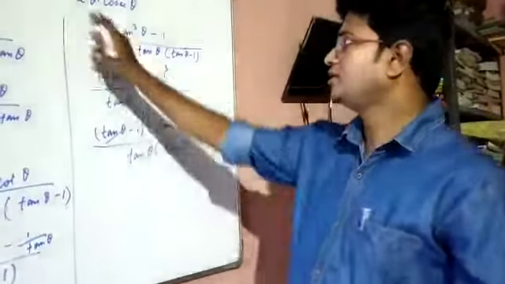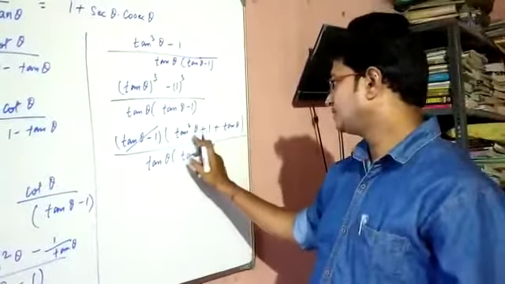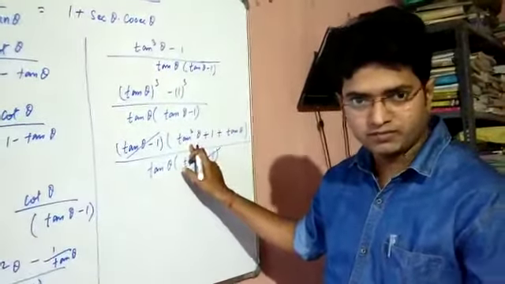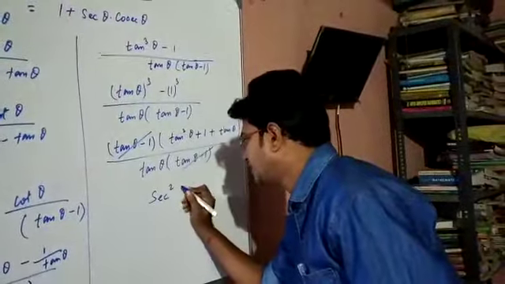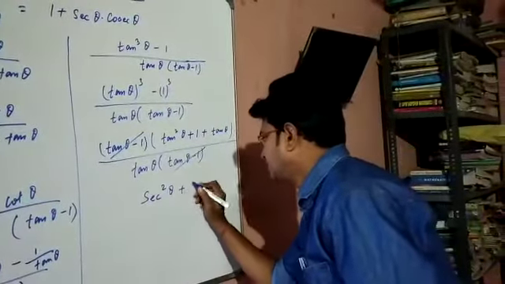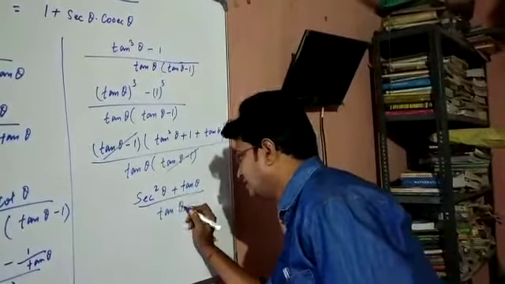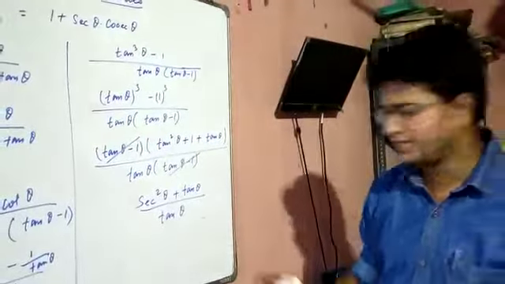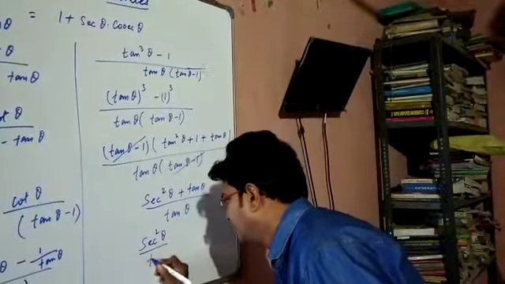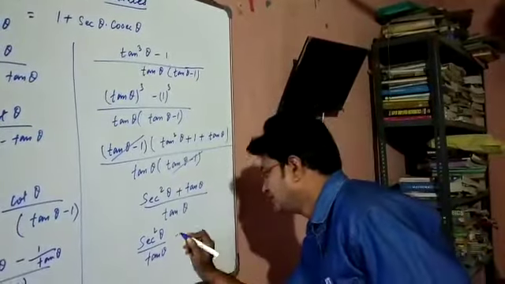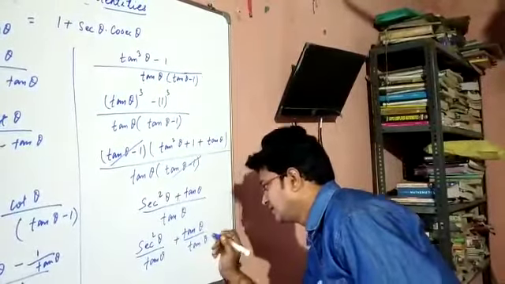Now here, what do you need to prove? 1 plus sec theta into cosec theta. So 1 plus tan square theta, if you remember the formula, 1 plus tan square theta is sec square theta. So instead of this you can write sec square theta plus tan theta, and in the denominator you are getting tan theta. Individually if you divide, that is equal to sec square theta by tan theta, and here tan theta by tan theta.